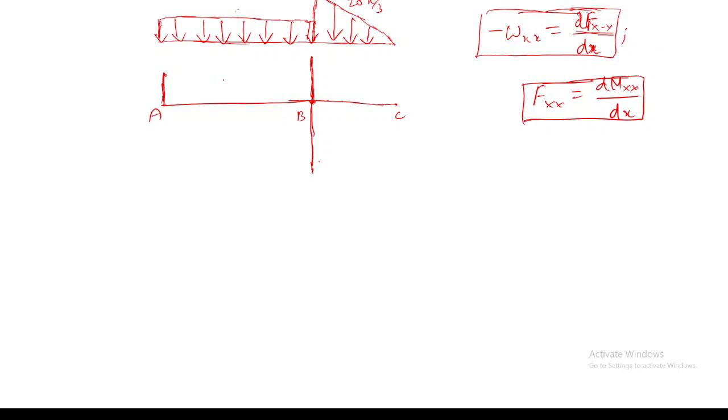So from this, what can you say about here? Wxx is actually constant, right? For uniformly distributed load, Wxx is constant. Correct or not? Sir, it is 10x, no? No, 10x will actually be the total load at any cross section.